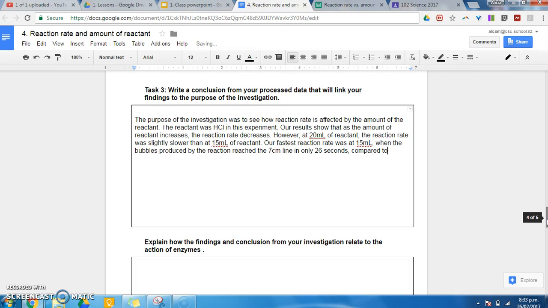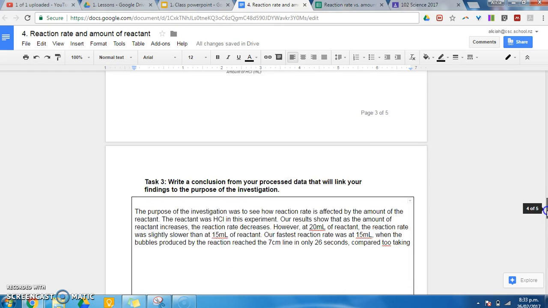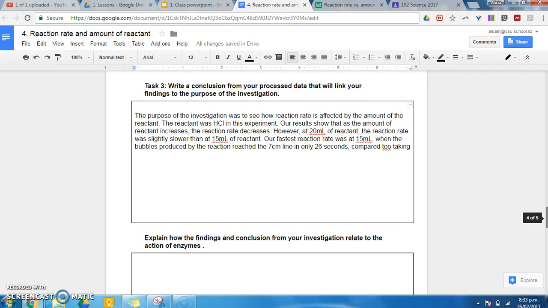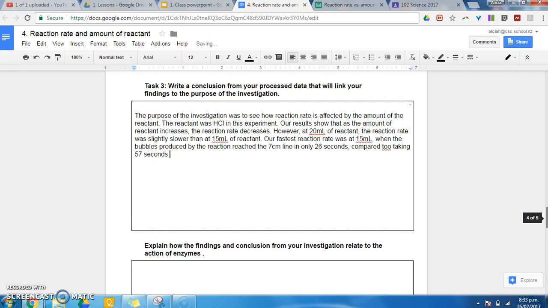Compared to taking, back up here, 57 seconds at 5 mils of HCl. And that would be a fine conclusion because it includes the information about the purpose, information about what we were doing, what our results show, how that links to the purpose, and then some specific data points as well.